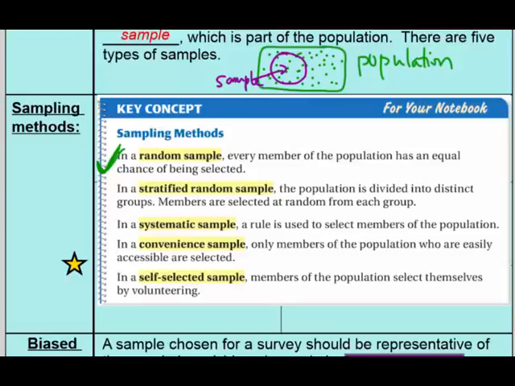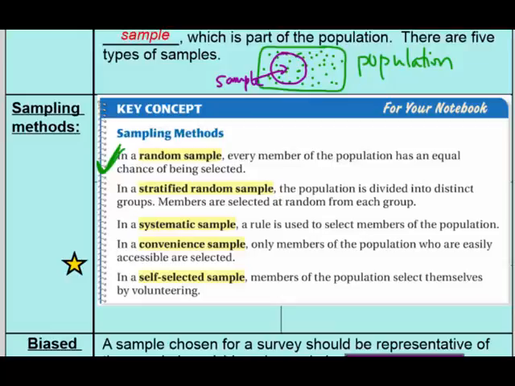My population would be Skyview Middle School students, and for my random sample, because I'm not going to ask all 800 or 900 middle school students at Skyview, I'm going to take a random sample and survey every 10th person on a list of names, okay? Random, super random, every 10th person of the 700, 800 students.